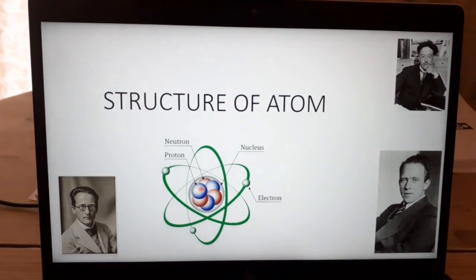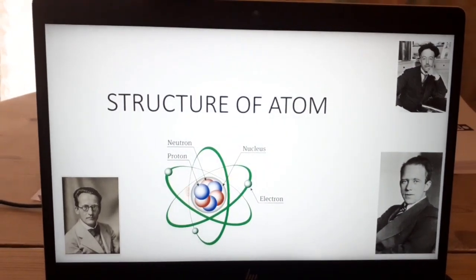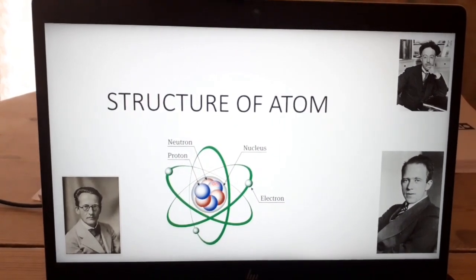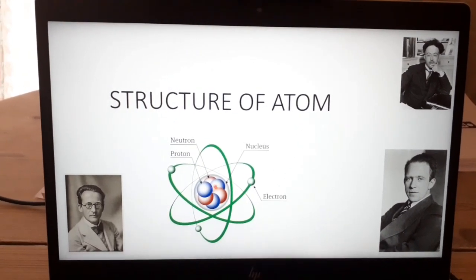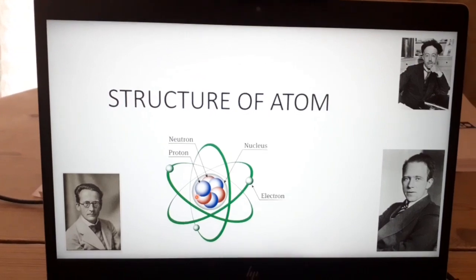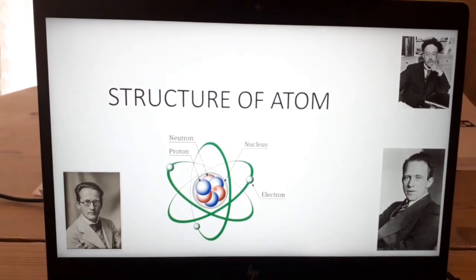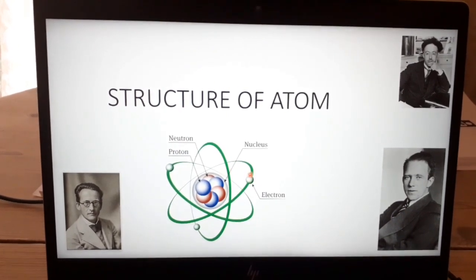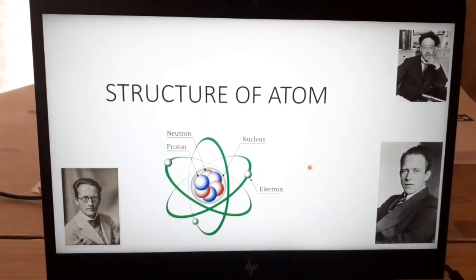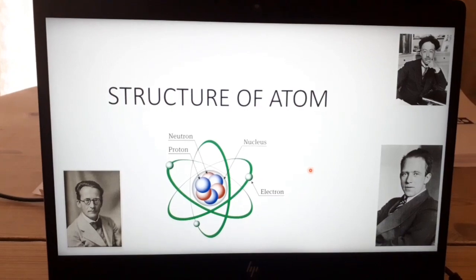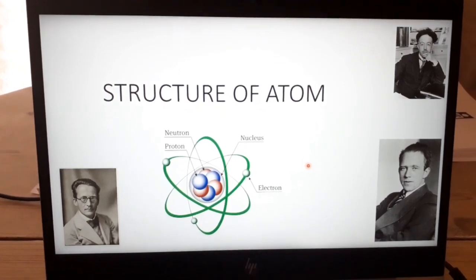To give a brief idea of the atomic model, I have put a small atomic system where you can see the nucleus, which is basically neutrons and protons, and the outermost shell, which consists of electrons. All right, next let's proceed to the next slide.